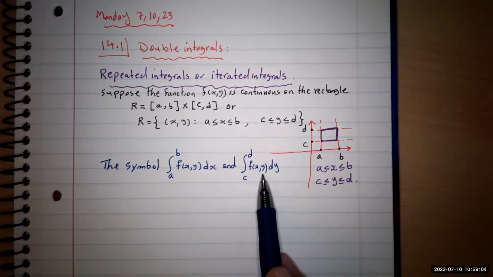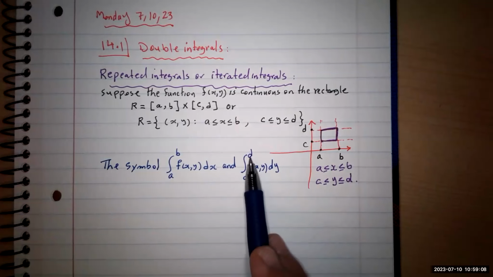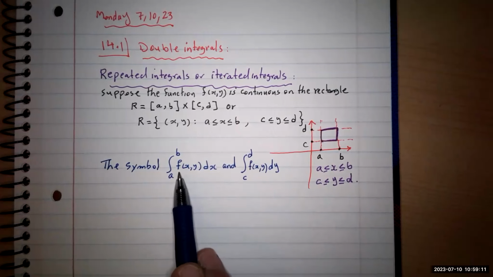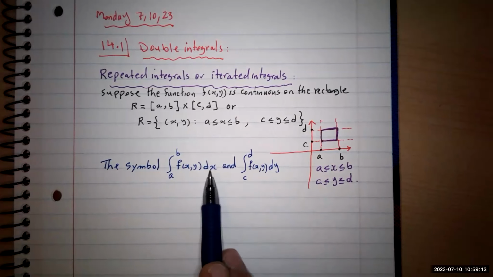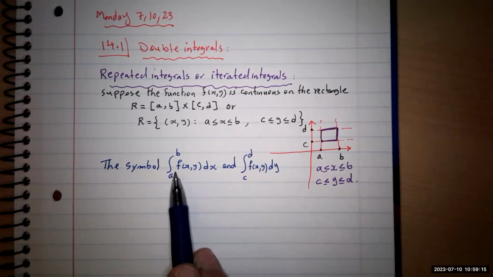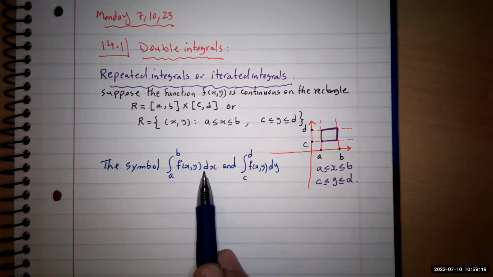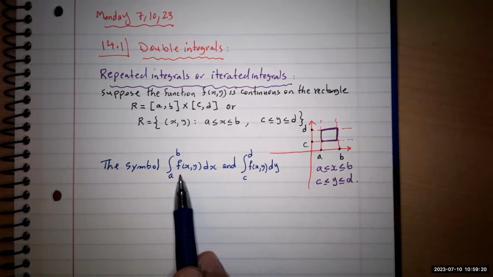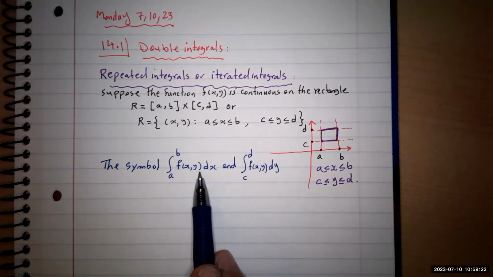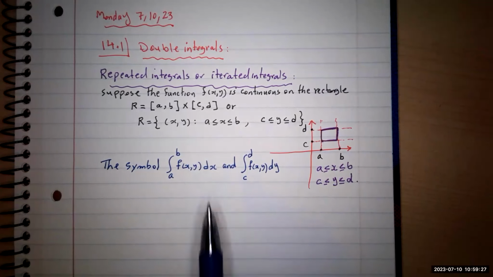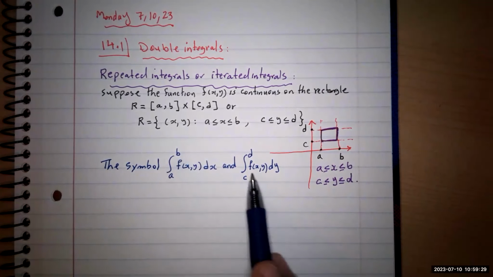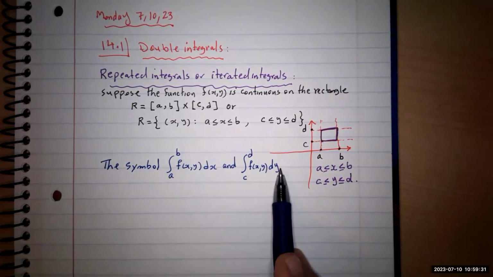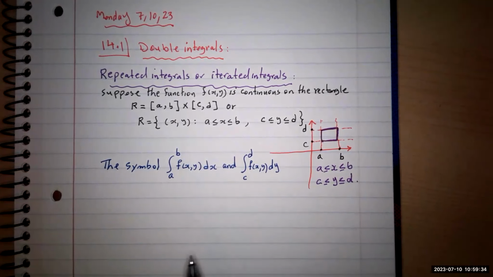When you do the integral, the result would be a function of y once you replace x by a and b. Over here, your function is going to be a function of x because you replace the y by c and d.